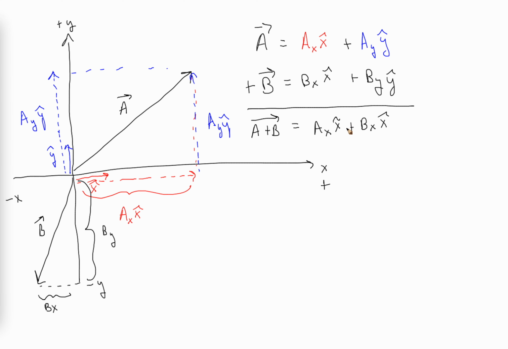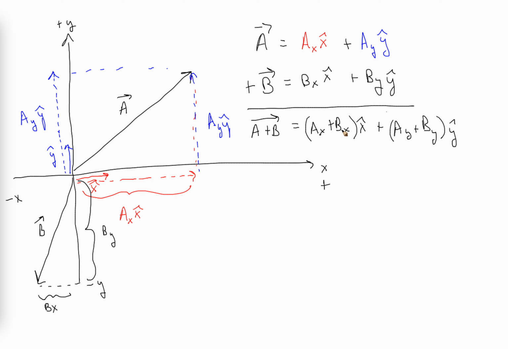But here I can factor out the unit vector x hat and then just add a sub x plus b sub x. So let's rewrite that as the quantity a sub x plus b sub x times x hat plus, do the same thing over here, a sub y plus b sub y times y hat.